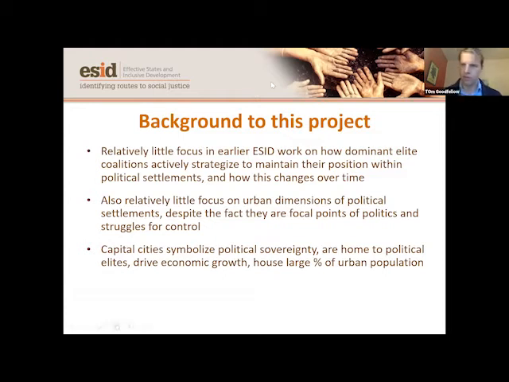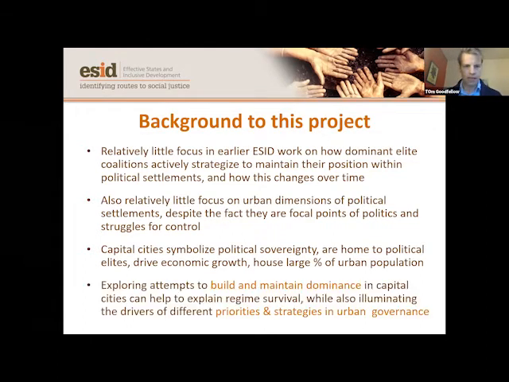They're home to large numbers of politicians and political elites, and consequently where a lot of resistance manifests. They're also major drivers of economic growth. And certainly in Africa and many parts of Asia, they tend to be highly primate. So one city, usually the capital, is far, far larger than all the others. So that's why they're very significant spaces to look at when trying to understand political relations.